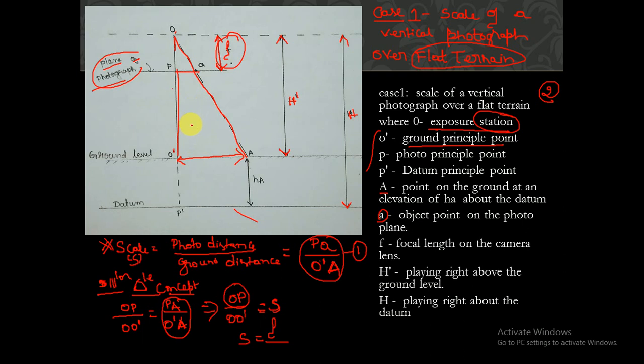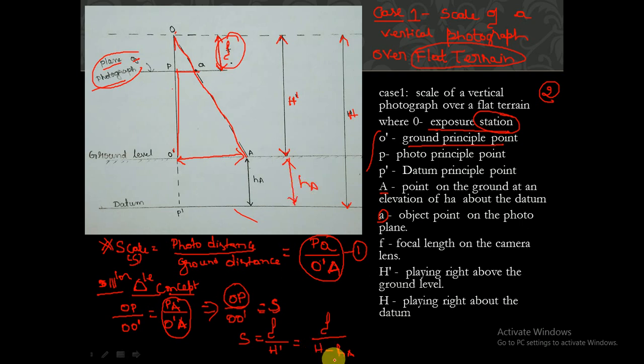So what is OO dash? That is H dash, right? This can also be written as F divided by H minus HA. H minus HA will become H dash. I am taking this whole length H and subtracting HA from it.